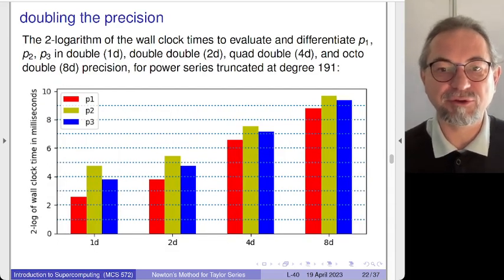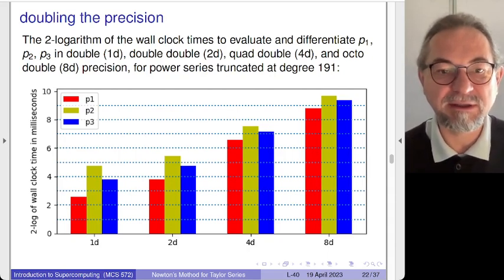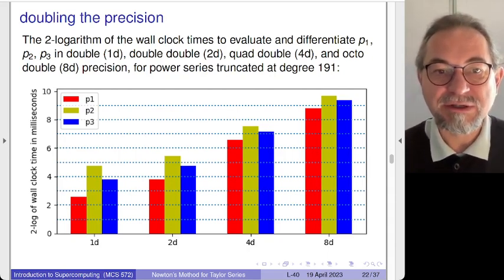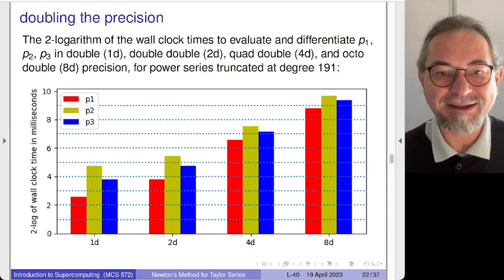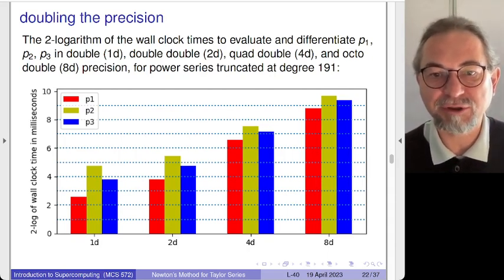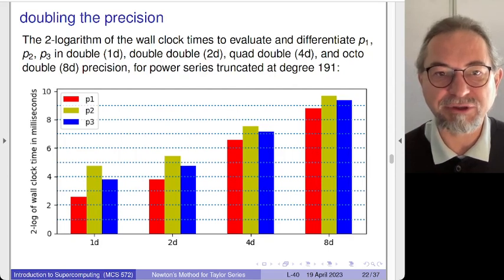This should also be obvious in the log2 plot. The shape of the polynomial matters when you work with doubles. It does not matter that much anymore at higher precision. Doubling the precision each time, you observe that the heights of the bars become quite close to each other.